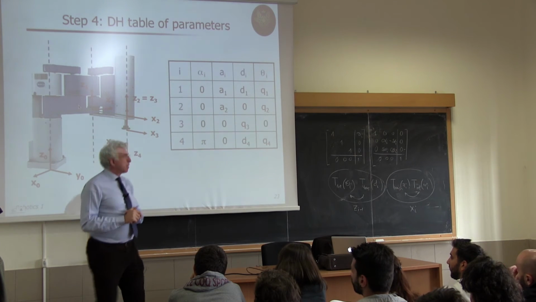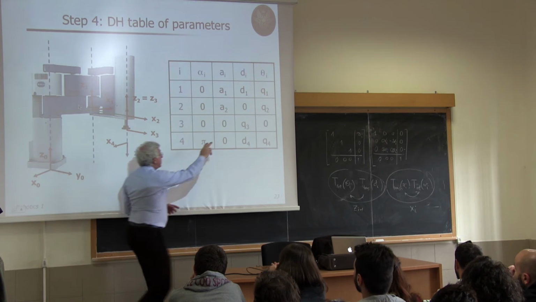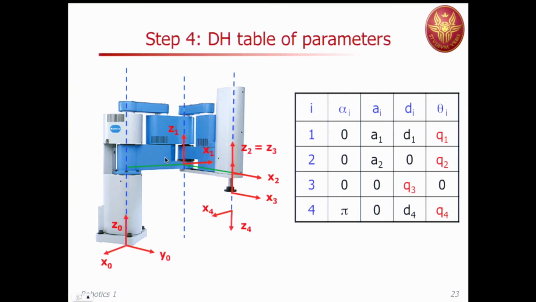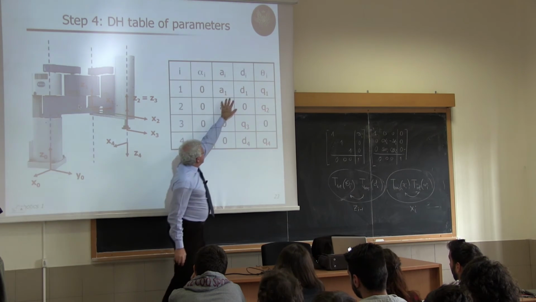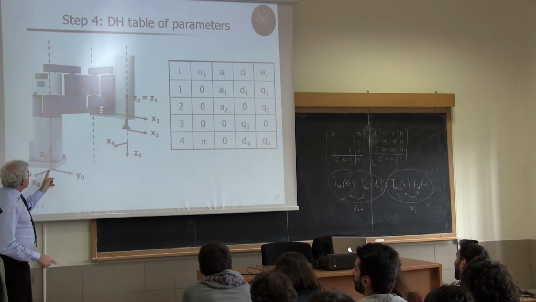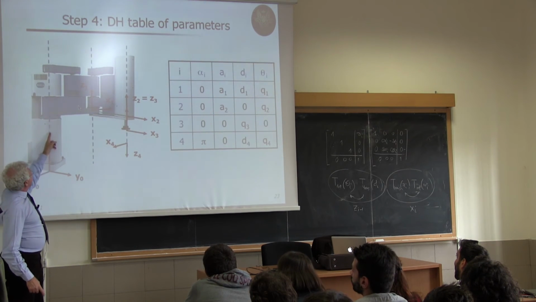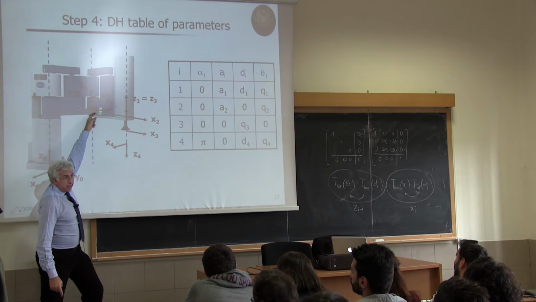Now the A and D of the same index, remember, are the two displacements, only the displacement that goes from one origin to the other. One is a displacement along z(i-1) and the other along xi. So if I look at these two, I move along z0, and this is d1, and then along x1, and this is a1.